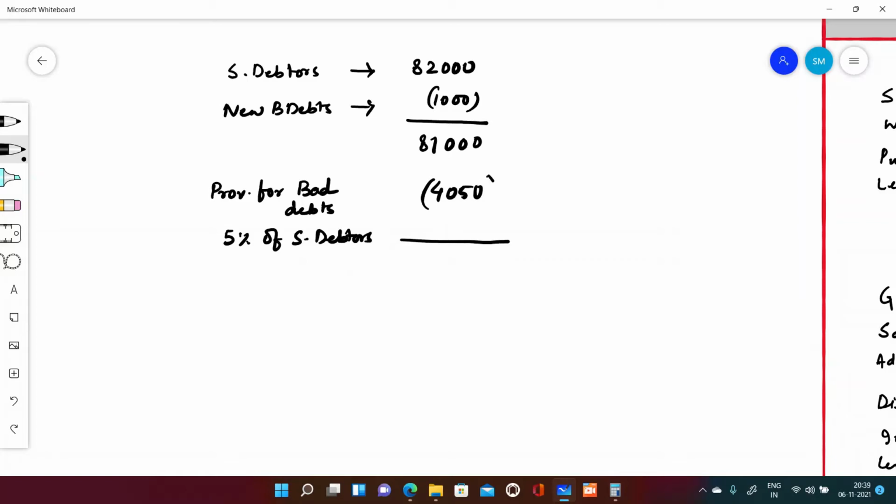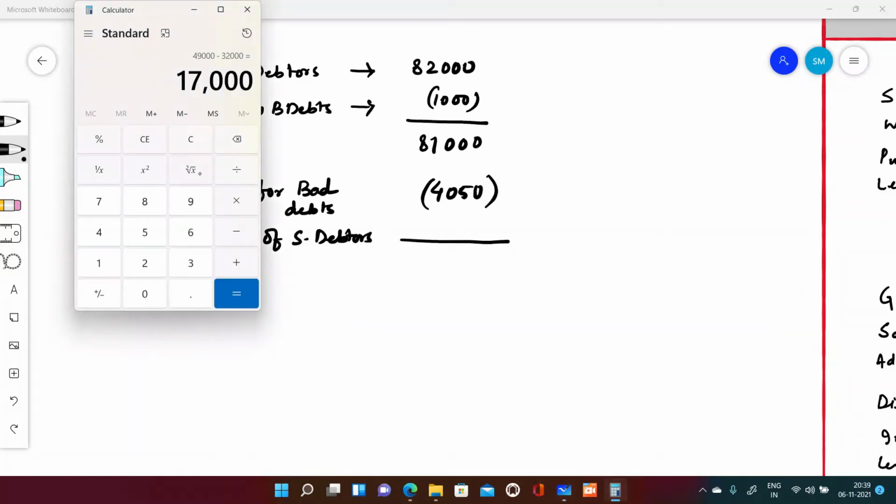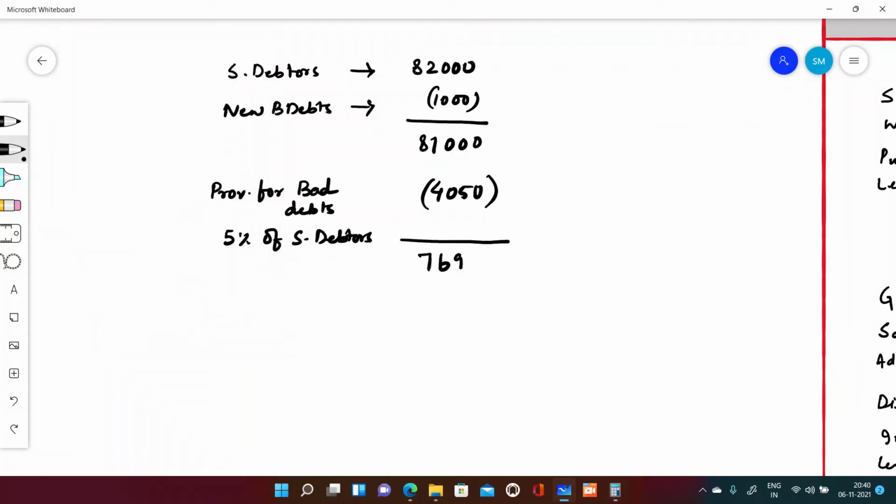Now again deduct this from your 81,000. So how much you are getting? 81,000 minus 4050. So this is your 76950. Then again you have to calculate discount for debtors.